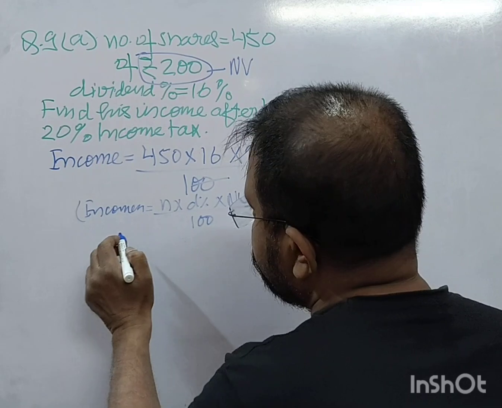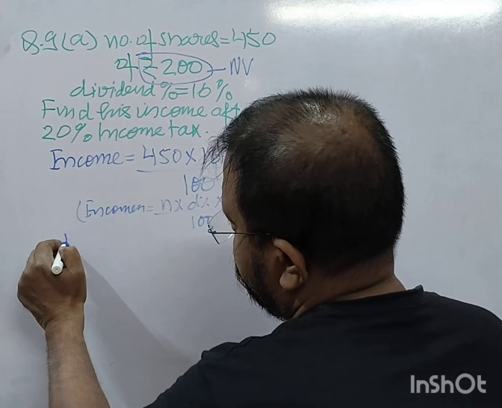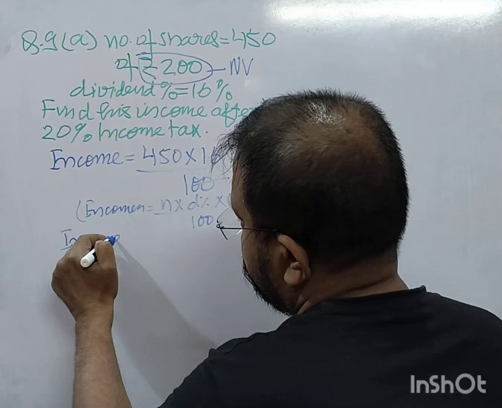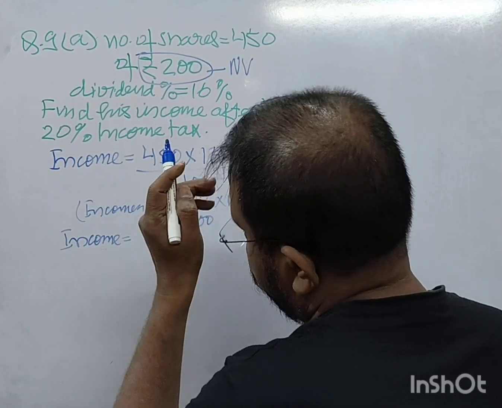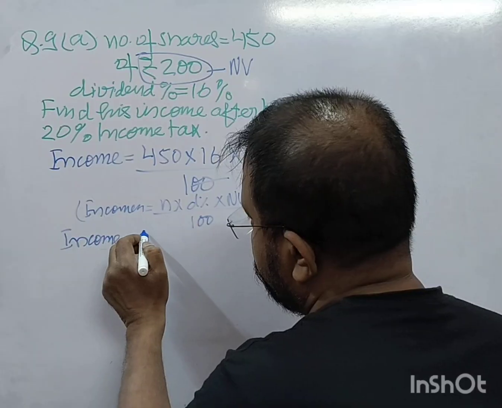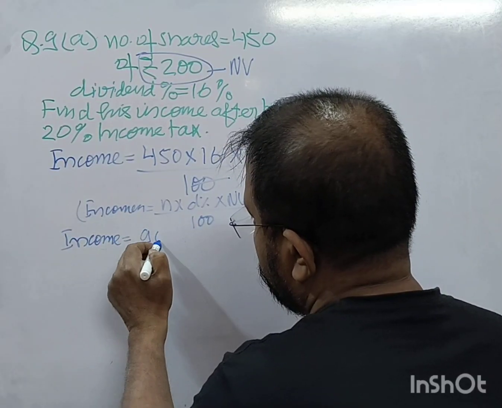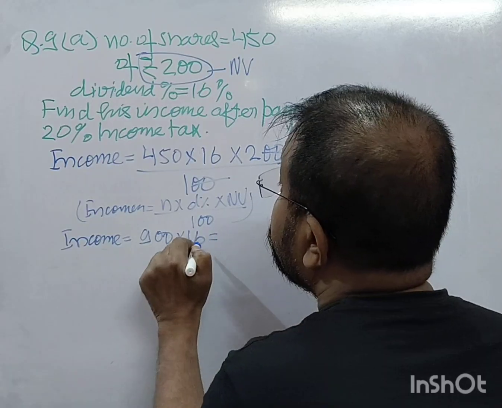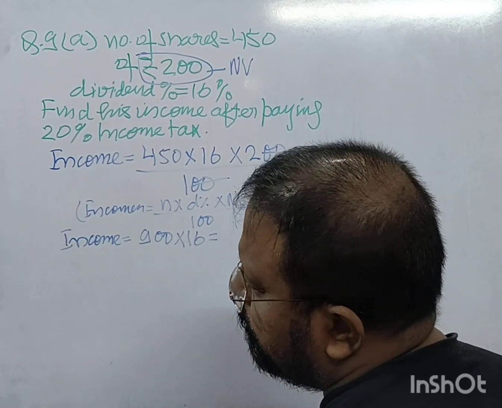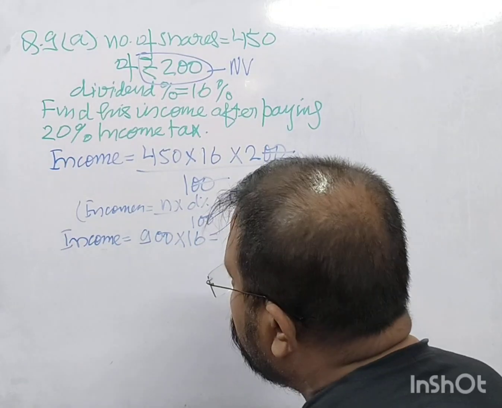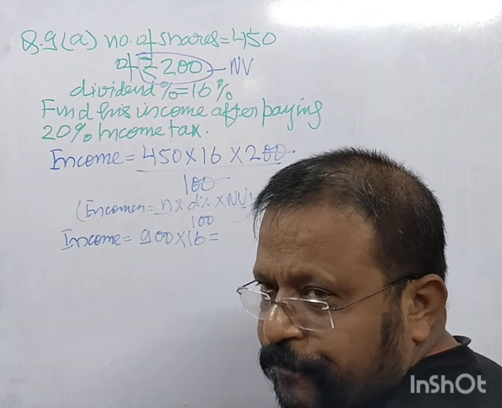So how much do you get? It's 900 into 16. 450 into 2 becomes 900. 900 into 16. 9 times 16 becomes 144.